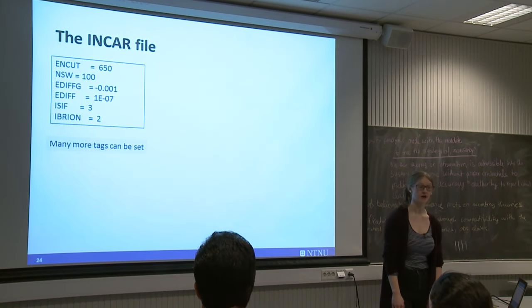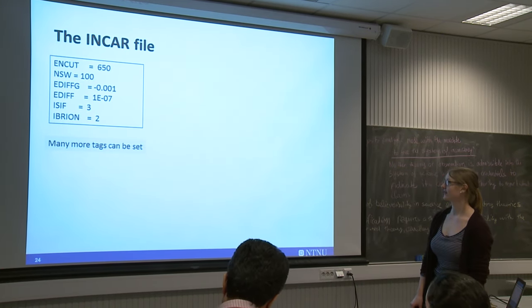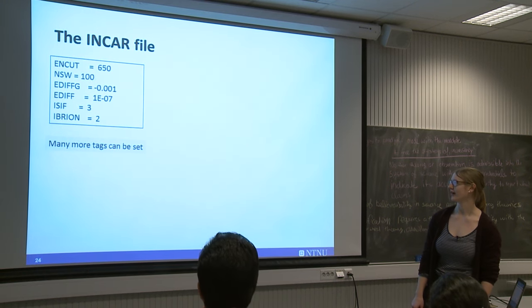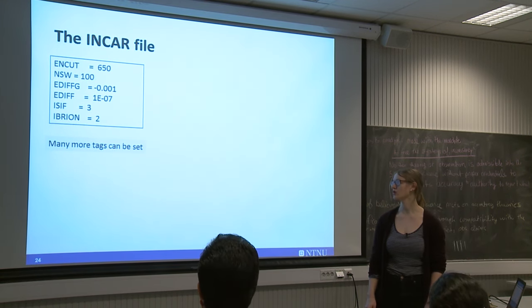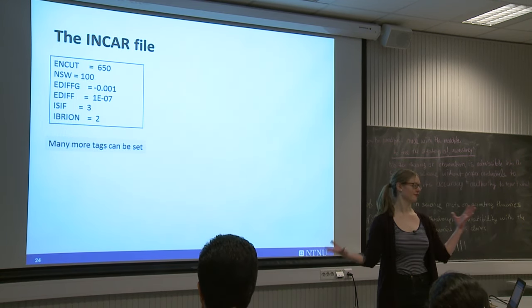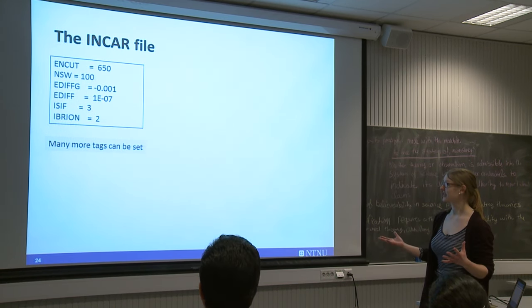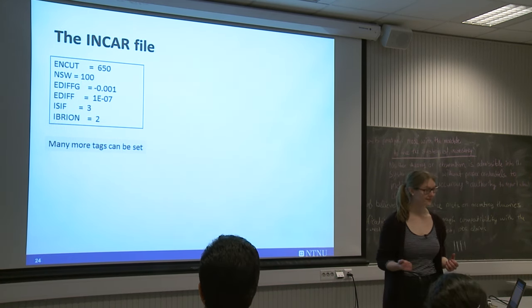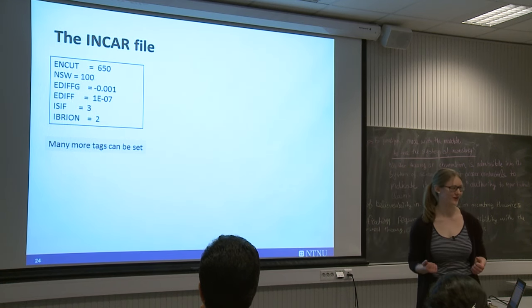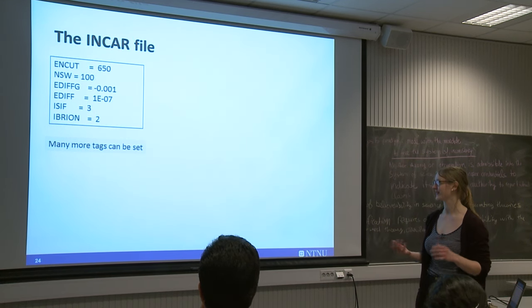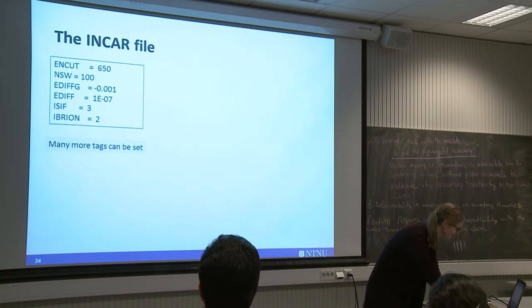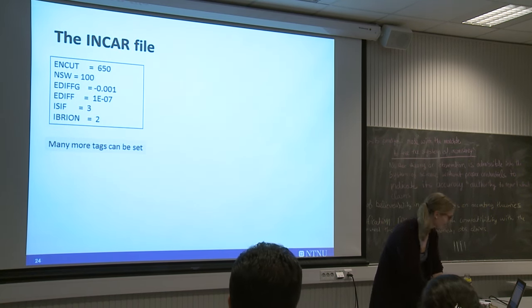And then we have the INCAR file. This is a very simple INCAR file, and you can specify a lot of tags here. So I'll just mention the ones that I've put in, and you can always argue whether these are the most relevant ones or not. But never mind, just to have a feeling of what you put in there.